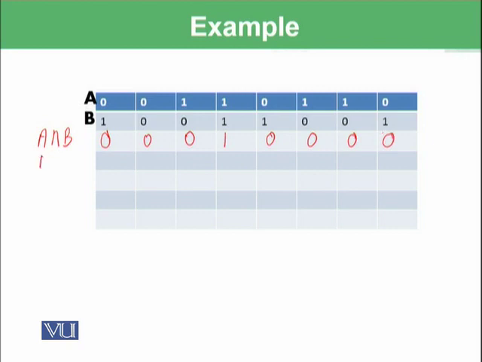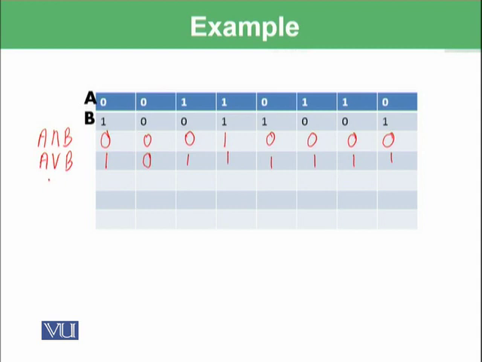And if we perform A OR B, it will give you 1 if either of the inputs is 1. So here B is 1, it will give you 1. It will give you 0 for those where both of the inputs are 0. There was only one condition where both of the inputs were 0 and the result is this.